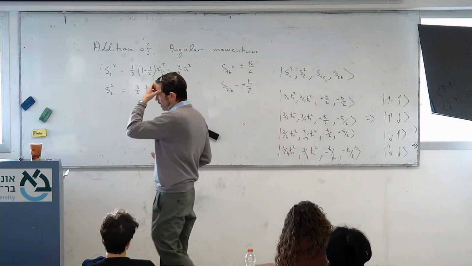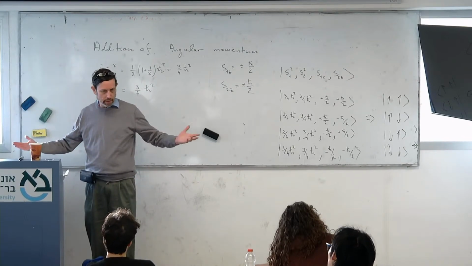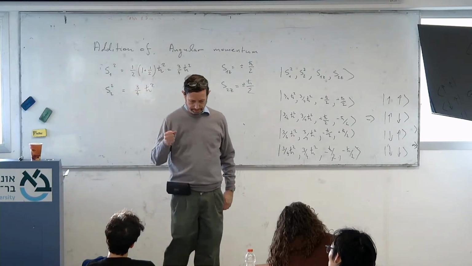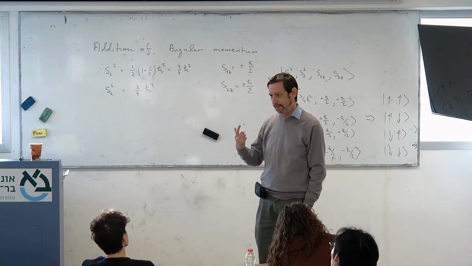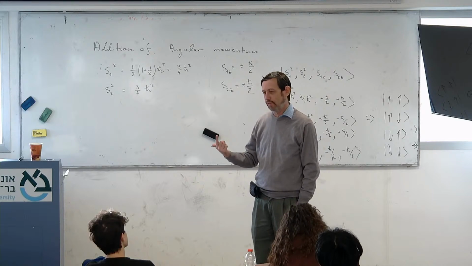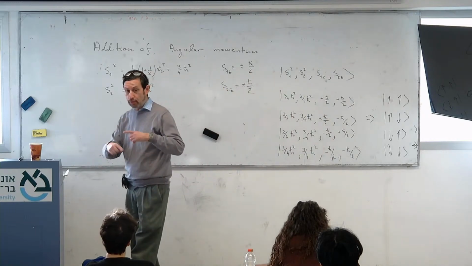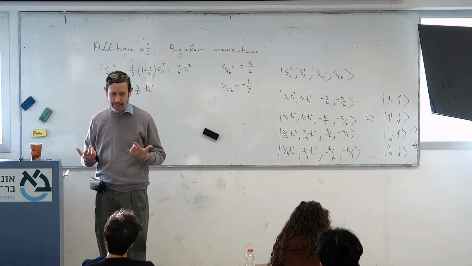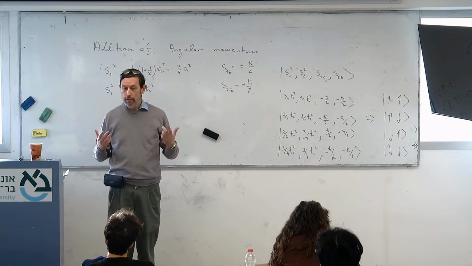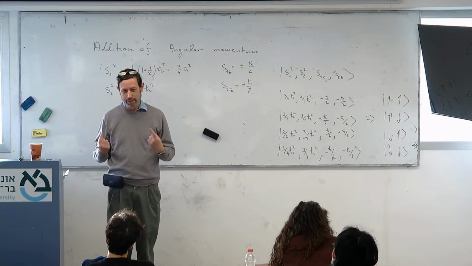If the particles are not identical, it's easy. You can always say who's 1 and who's 2. If you have an electron orbiting a proton, you know who's the electron and who's the proton, measure its mass. You're sure, you can't confuse it. If you have 2 electrons orbiting a nucleus, let's say helium, you never, in principle, would be able to say who is 1 and who is 2.